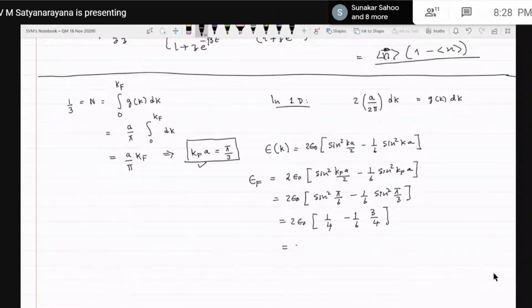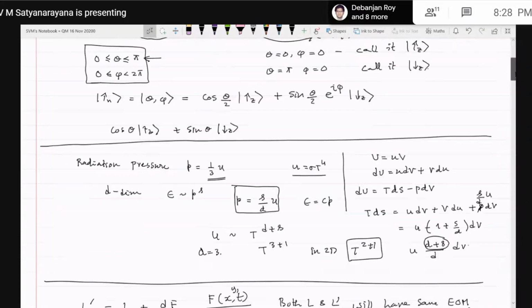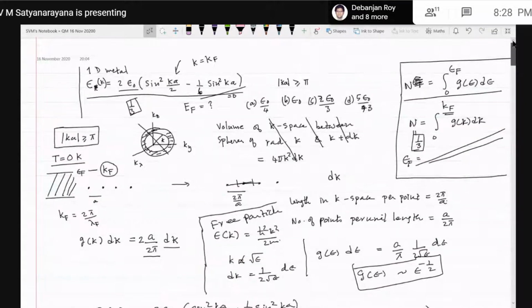So this is equal to 2 times epsilon naught into 1 by 4 minus 1 by 8. So this is equal to 2 epsilon naught into 1 by 8. That's equal to epsilon naught by 4. I don't know if that was there in the choice. Yes, sir, option A is epsilon naught by 4.